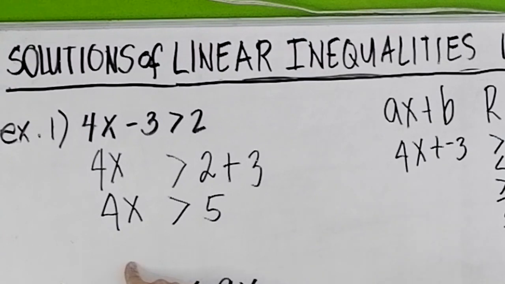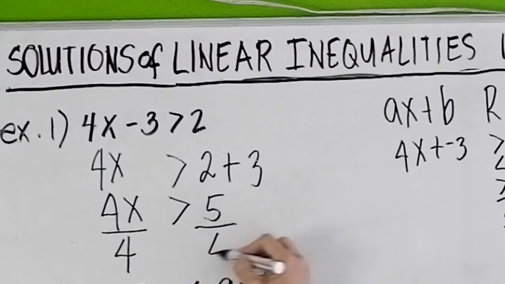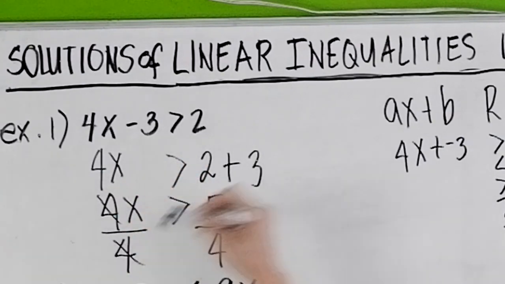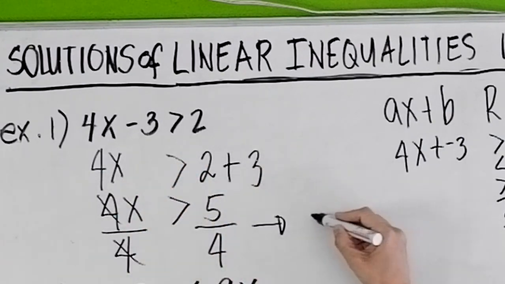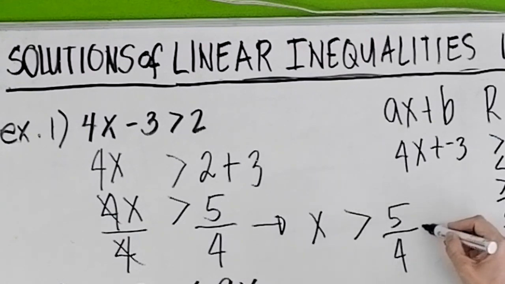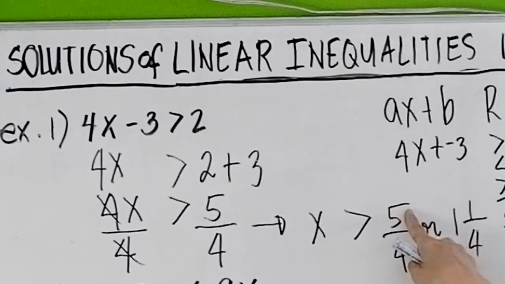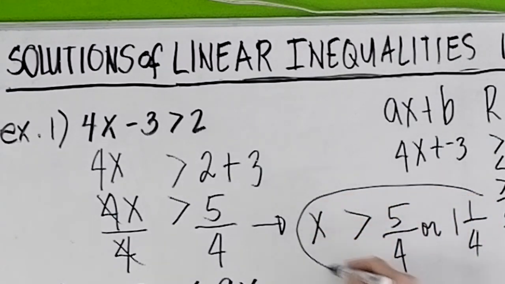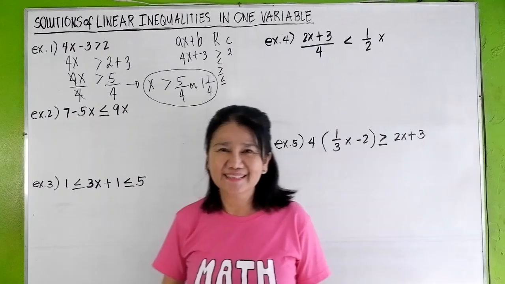What do you do? Divide by 4 or multiply 1/4 to both sides, but students would like a shortcut, so they just divide by 4. That's all right. So you get x is greater than 5 over 4. Or what is 5 over 4? 1 and 1/4. Check. 4 times 1 is 4, plus 1 is 5 over 4. So this is our final answer.